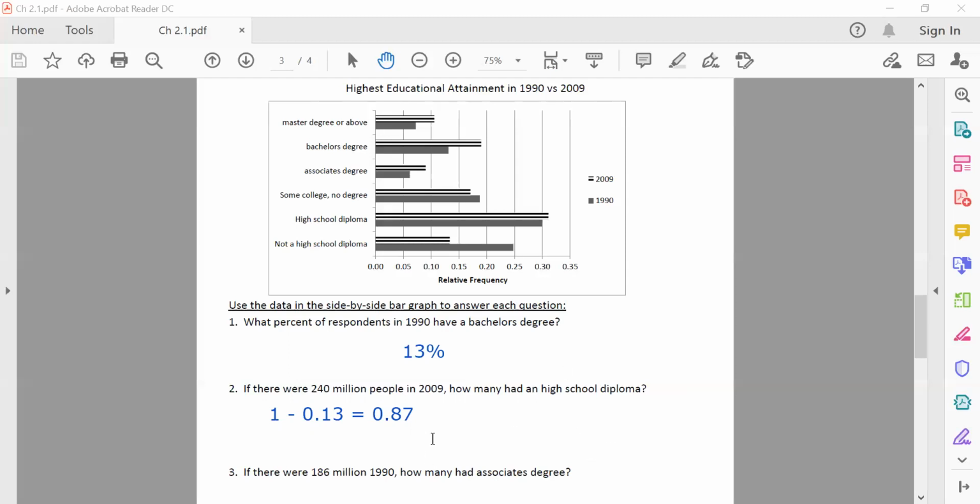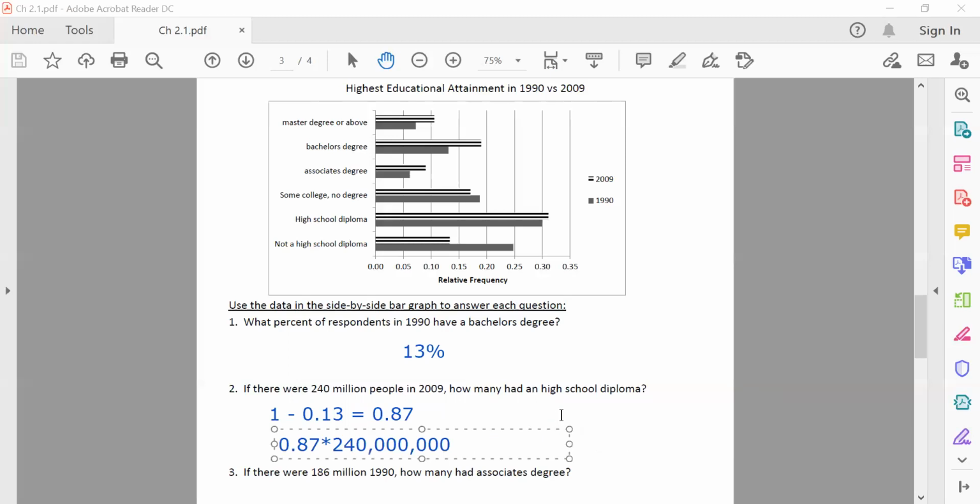And now to actually take 87% of the population, we would take 0.87 and multiply by the 240 million. Now here's what you can do. You can just call it 240 and just realize that your answer is in millions. Or you can do it like that if you want. That's totally fine. There's nothing wrong with that.